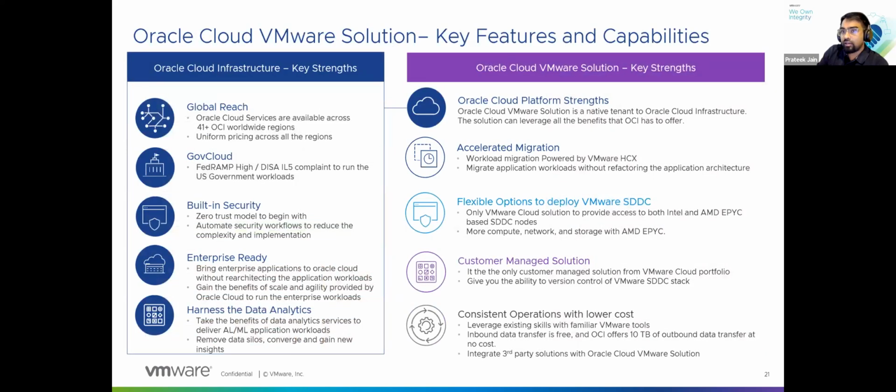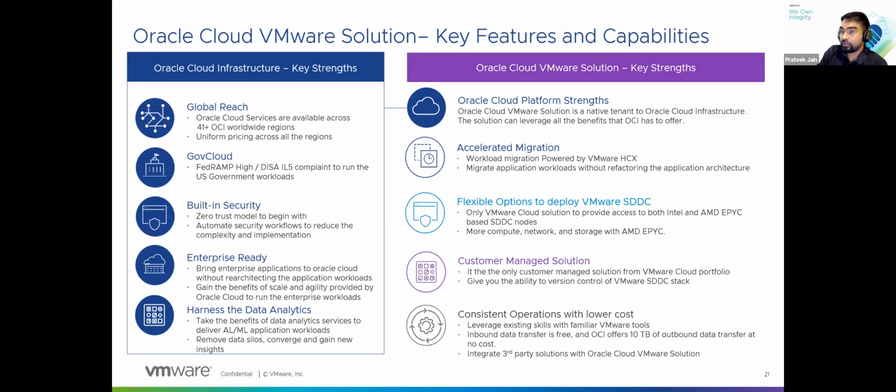So in a nutshell, Oracle has all the key features, along with the differentiating features in comparison to other hyperscalers, to run your workloads securely and move your workloads without any risk to OCVS.